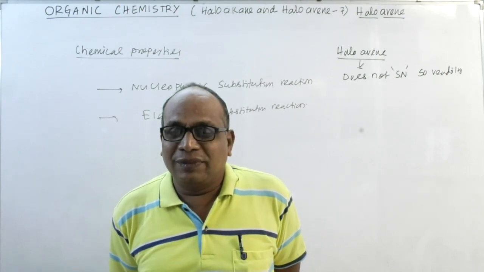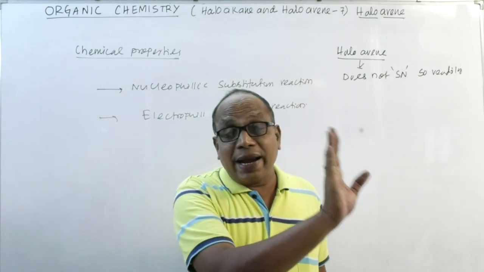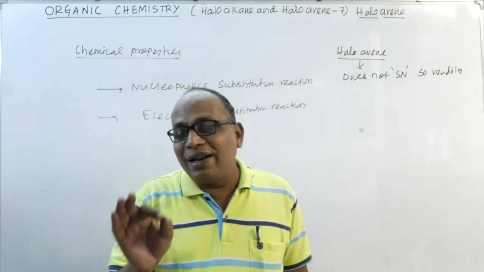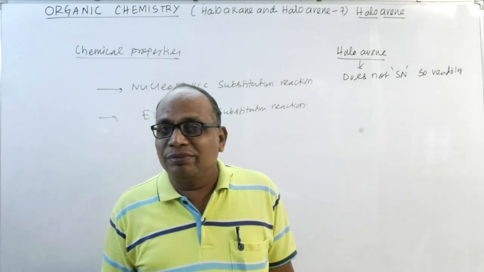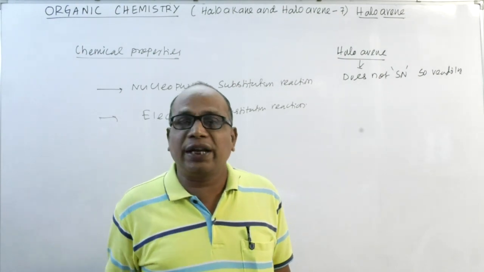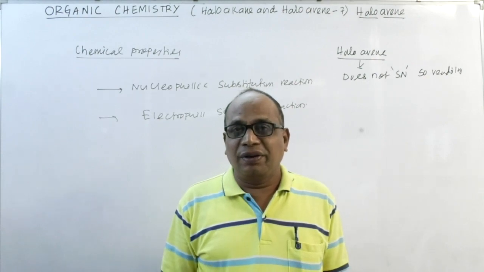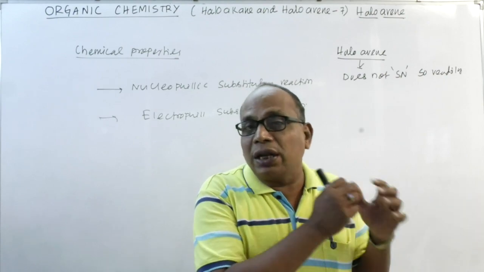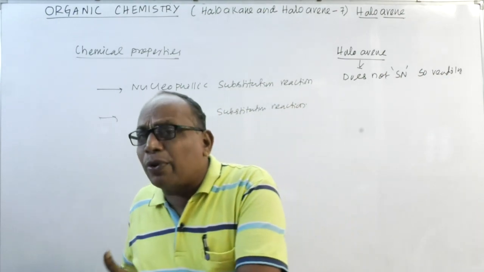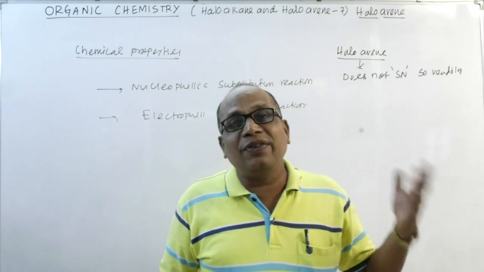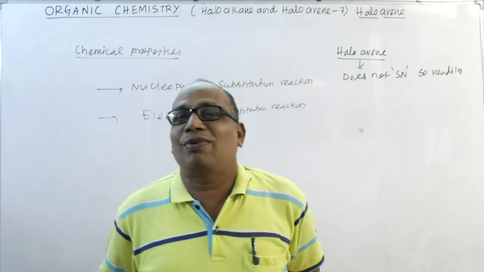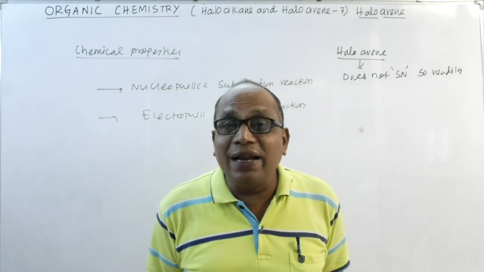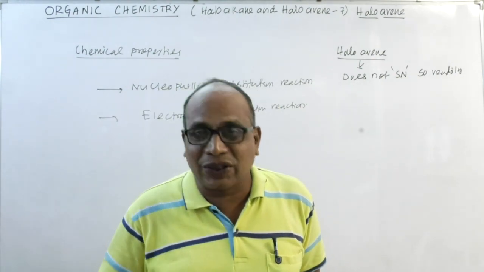That's why alkyl halides are very reactive, whereas haloarenes are least reactive, means almost inert at ordinary condition. You can ask, sir, there is also a carbon halogen bond here, whereas that one is very reactive. Why not this one? The haloarenes are least reactive toward SN reaction.